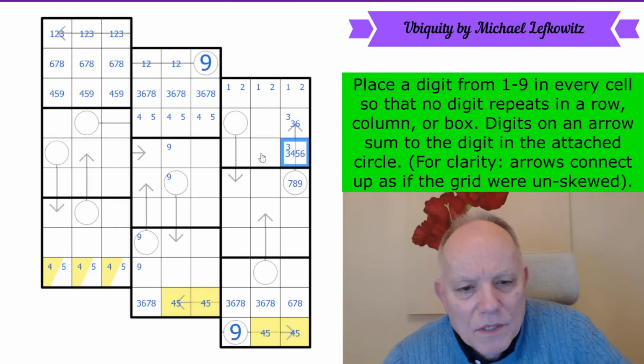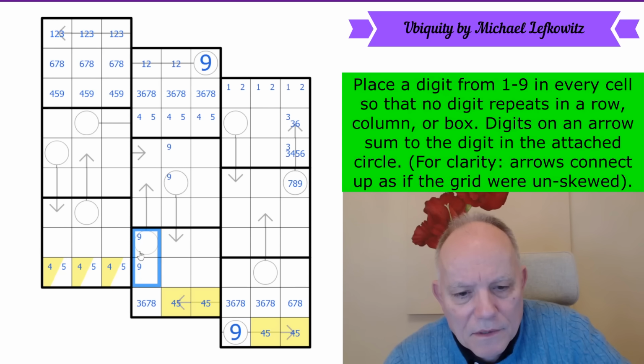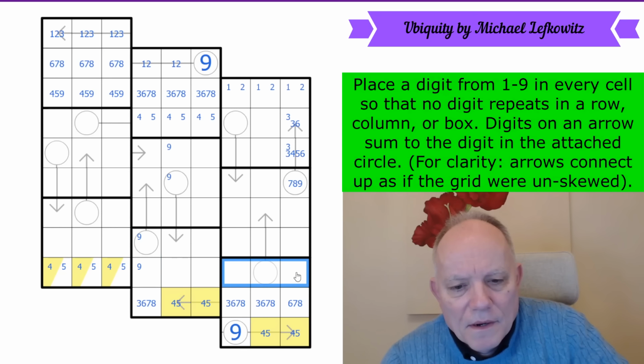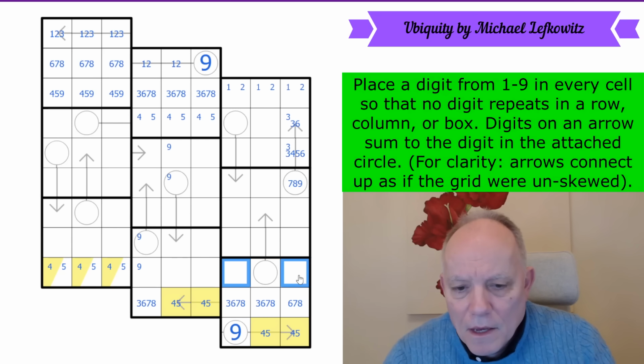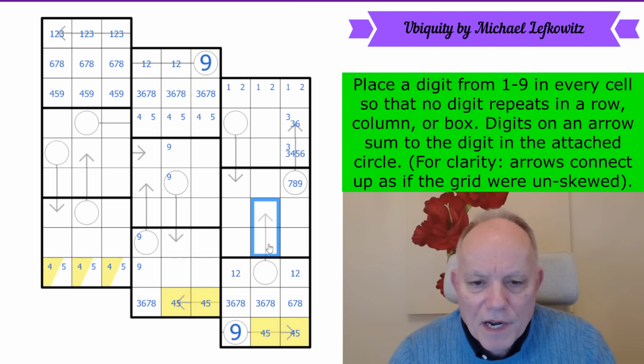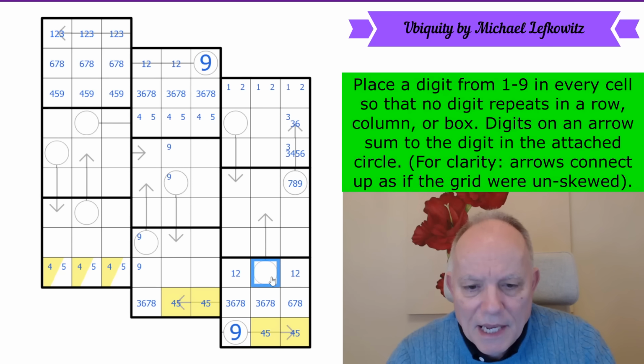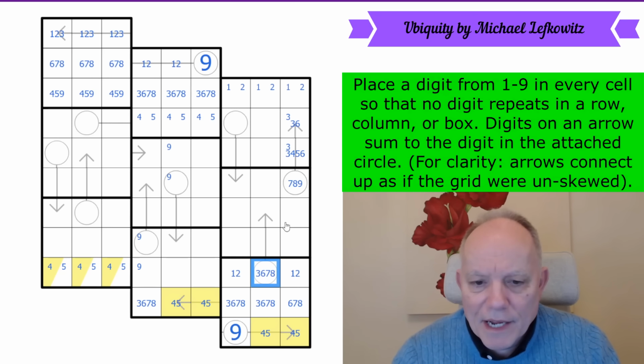What else? What else can we learn? We've now got 9 into one of those 2 cells. These ones contain 1 and 2, not in the circle, because the circle has to be at least 3 to have 2 different digits add up to it. So this is either 3, 6, 7 or 8.